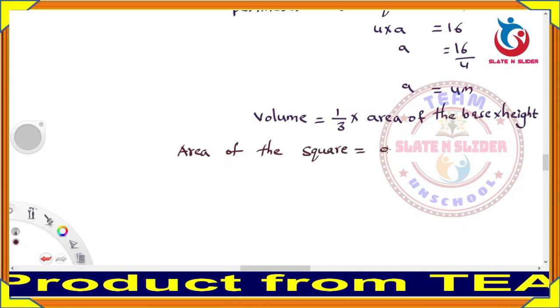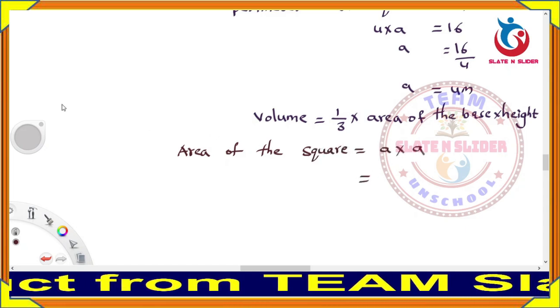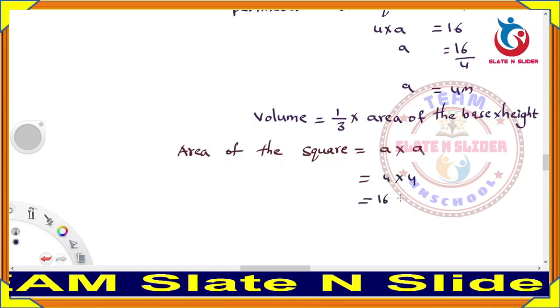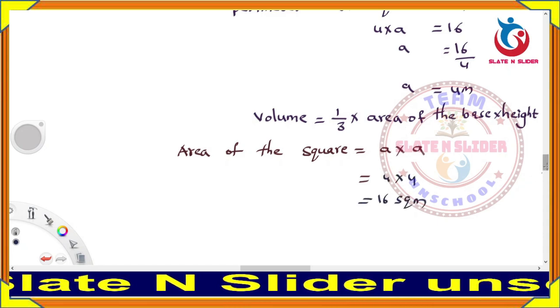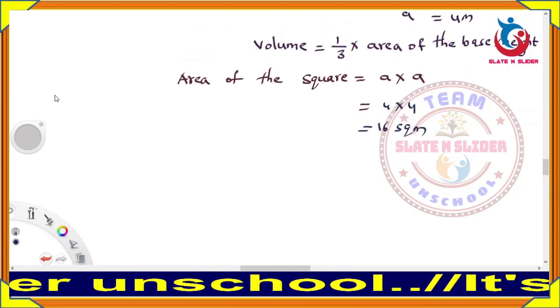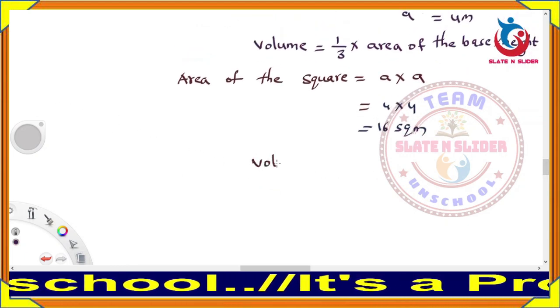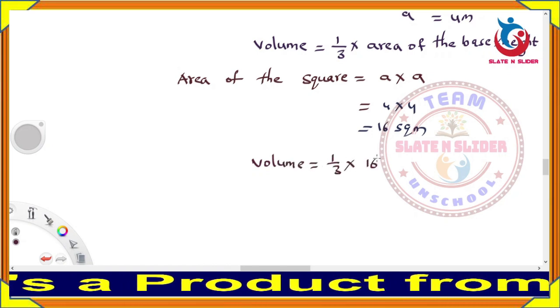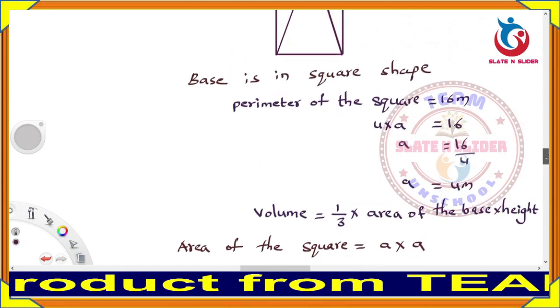Area is equal to side into side, that is a is 4 into 4, that is equal to 16 square meters. Now we got the area of the base. Now we can write the volume. So volume is equal to 1 by 3 into area of the base, 16, into height. What is height?